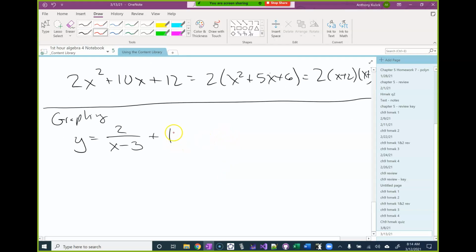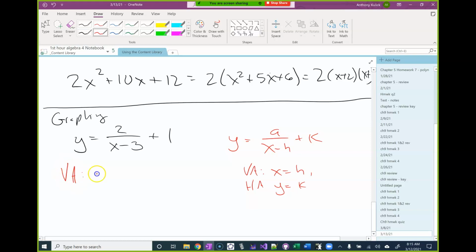In this form, you need to remember that the vertical asymptote is x equals h, and the horizontal asymptote is y equals k.